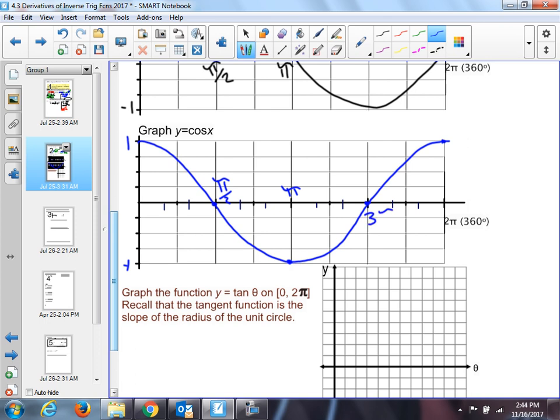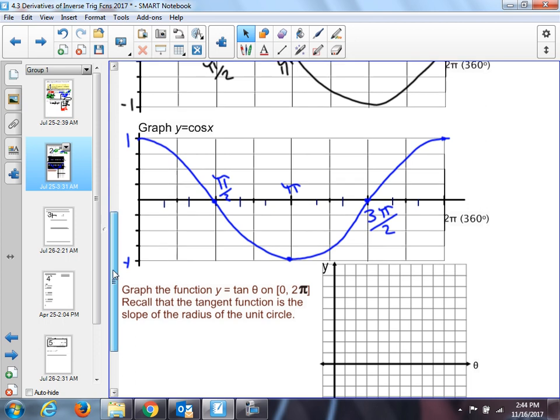This is all review. But I want you to have a little quick review. Now, the one that you might have seen before, but you haven't done a lot with, is the tangent function, right? You guys focused mainly on the graphs of sine and cosine. You might have seen the tangent function, but I don't think you ever applied it. You didn't stretch it and translate it and stuff like that.